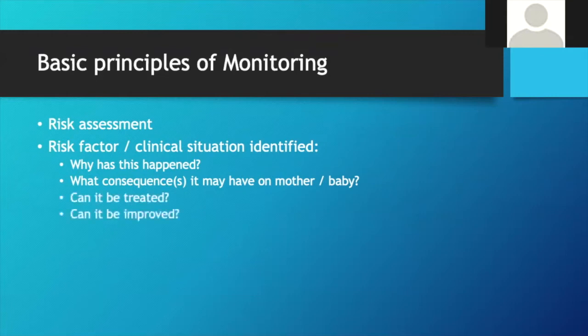Can it be treated? Can it be improved? And if I am trying to treat, what are the signs of improvement? It sounds very basic, very simple, but actually we don't always think like that, and that's a big problem. We also need to figure out what are the signs of deterioration. So if this baby is getting worse, what do I expect?